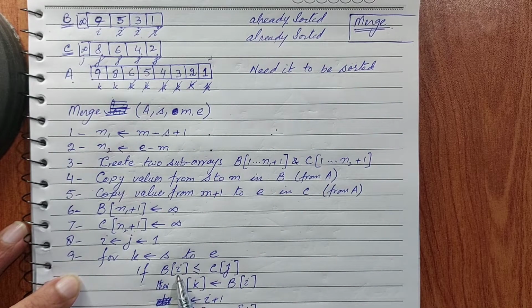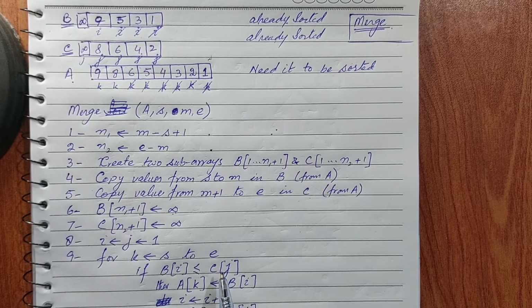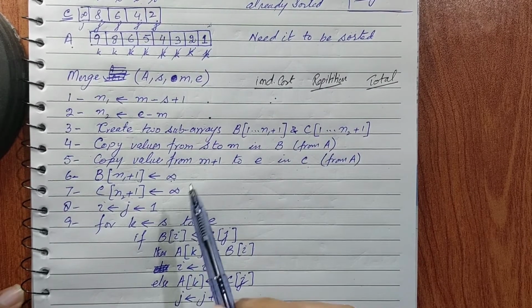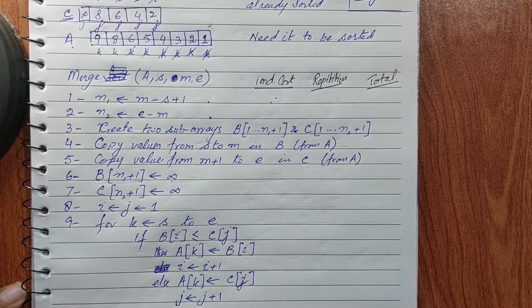If the ith element is the smaller, then it is going to move into the array a at location k, and i would be incremented by 1. And if the jth element is the smaller one, then it is going to be moved into the array a at the kth location, and j is incremented. The k is automatically incremented in this loop because this loop is moving from s to e.